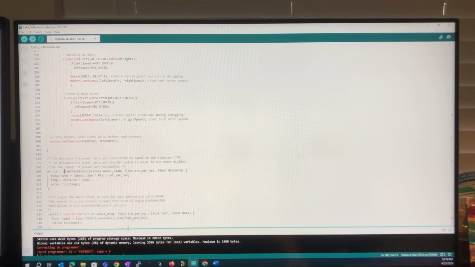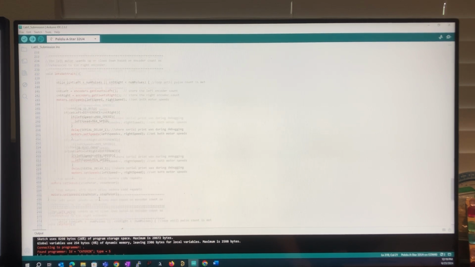In count for turn, I'm taking the float of the wheel diameter, counts per revolution, turn, which is the degree that I'll be turning, and base, which is the wheelbase. So I call this a temporary 2, and I have the degree divided by 360 times the base divided by the wheel diameter times the count per revolution. That's a float, but I need to return an integer, and that's temp2.